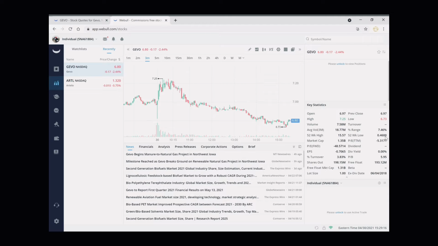I know that there is a major gap to fill from $6.80 to $15.57. So this, in my opinion, is a good entry, just based off of that.